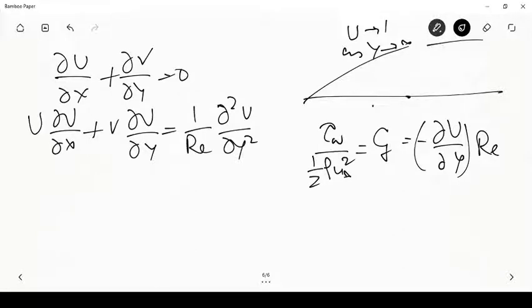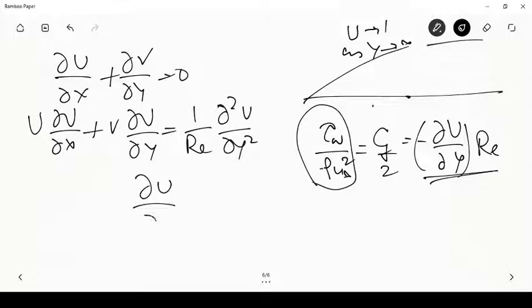Actually, we wrote it for CF by 2. Okay, this is the expression that we wrote. So if we want to get this non-dimensional gradient in terms of del u by del y, this del u by del y is going to be of the order of 1 over delta by LC or delta by x.